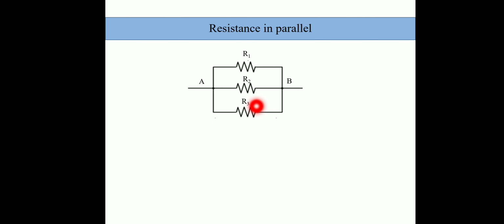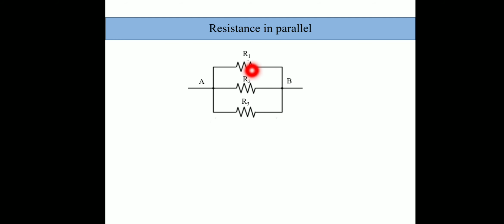But if you check clearly here, we have discussed in the series combination that if the left hand side is connected to some other point and the right hand side is connected to some other point, then we call them to be in series.